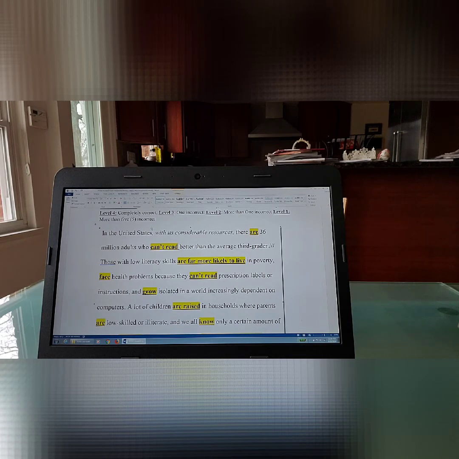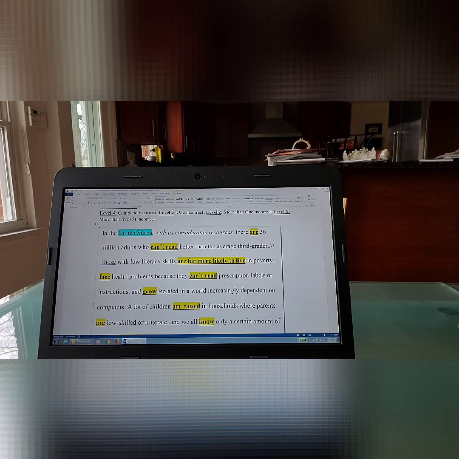But this is considerable, and considerable is giving you more information about the resources in and of itself. So the subject really is the United States in this particular case, right?